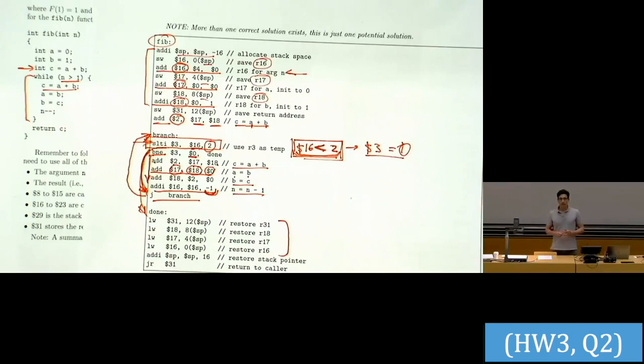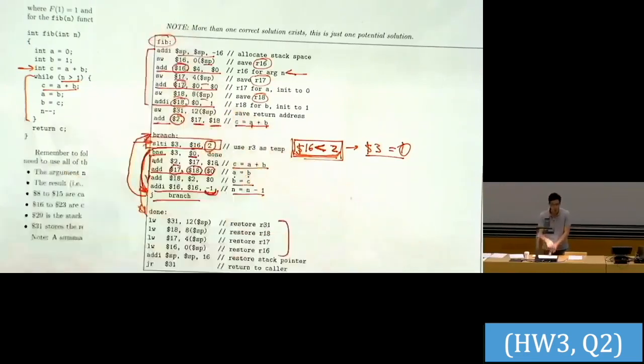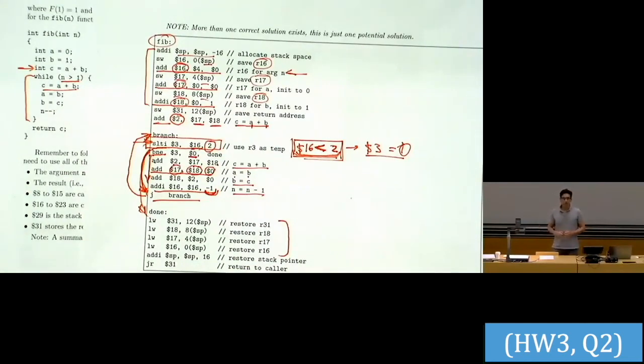This doesn't mean that the caller cannot use them. Before calling this Fibonacci function, we have some other function, maybe a main function, that calls the Fibonacci function, and this main function might be using these registers. If we have this convention, and every time the function is called we store these registers in the stack, we are on the safe side, right? So it's just to be safe.